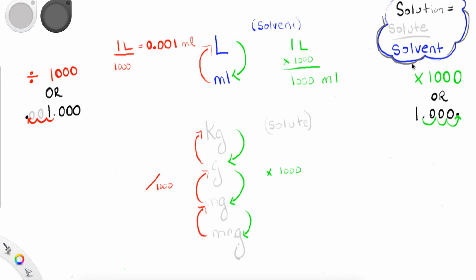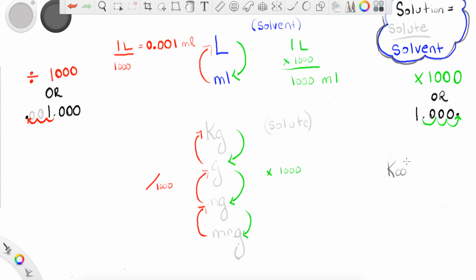Back when you were a kid making Kool-Aid and you read the instructions, perhaps it said to measure 4 scoops of Kool-Aid, we'll call it KA, in 2 quarts of water. We would call the Kool-Aid the solute, the water the solvent, and the two mixed together were the solution.